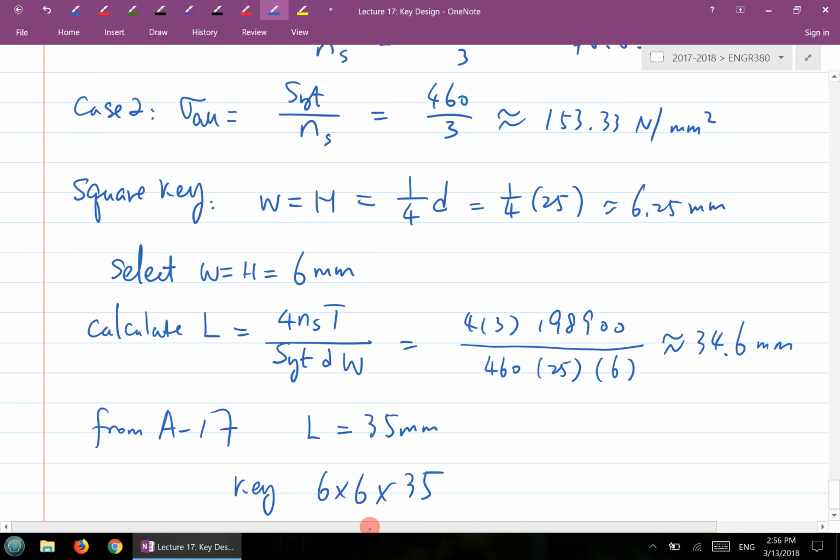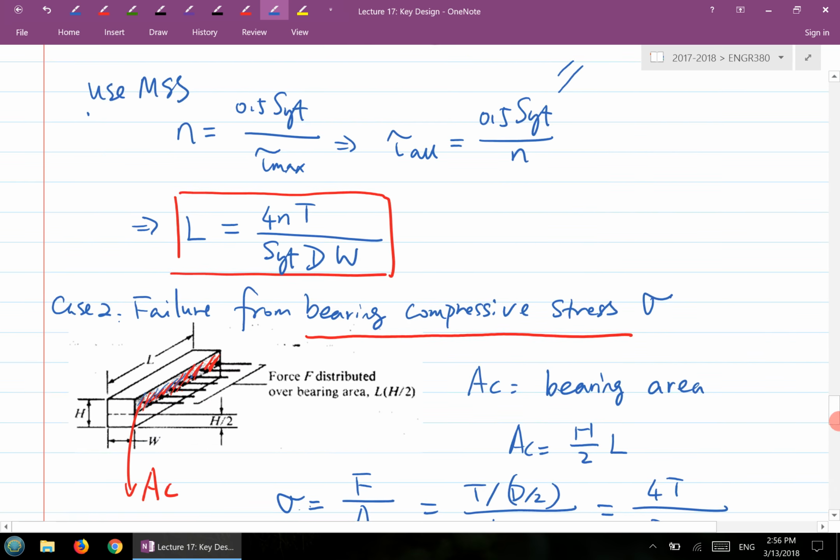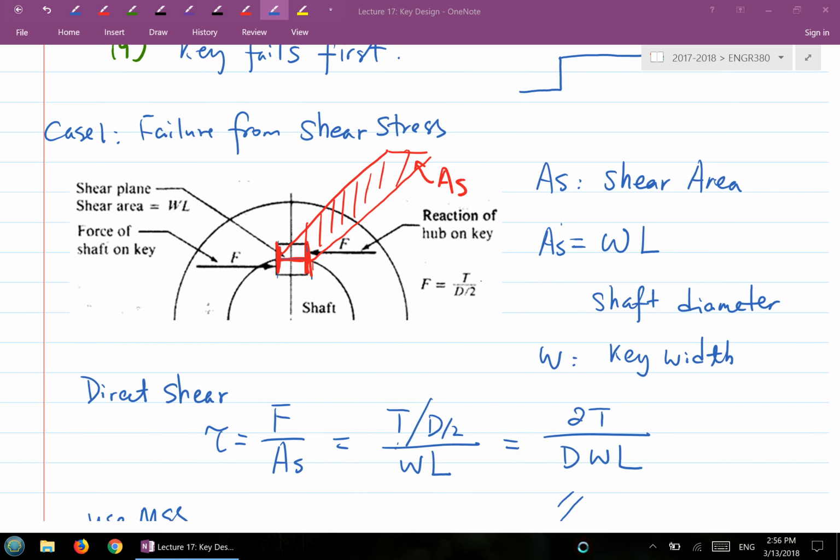So if you choose a different size, it depends on what you mean by custom. If you choose a different shape, if it's not a rectangular shape, it's a completely different type of shape, you still need to calculate. You calculate the way we calculated this bearing compressive stress, by finding the actual area being buried between the shaft and the hub, or the actual direct shear area. So you still need to calculate this. If you can justify, then that's fine.